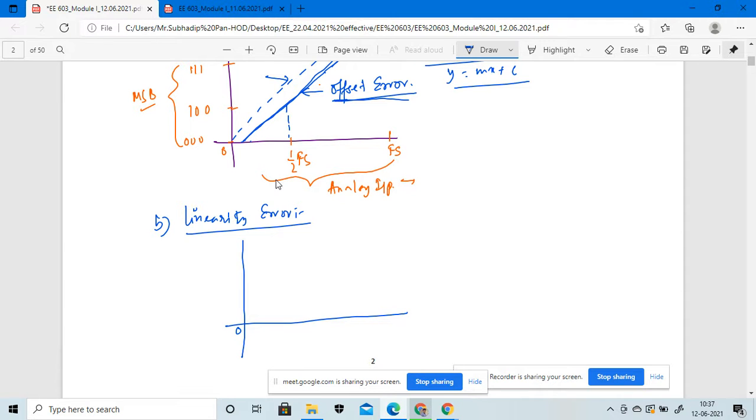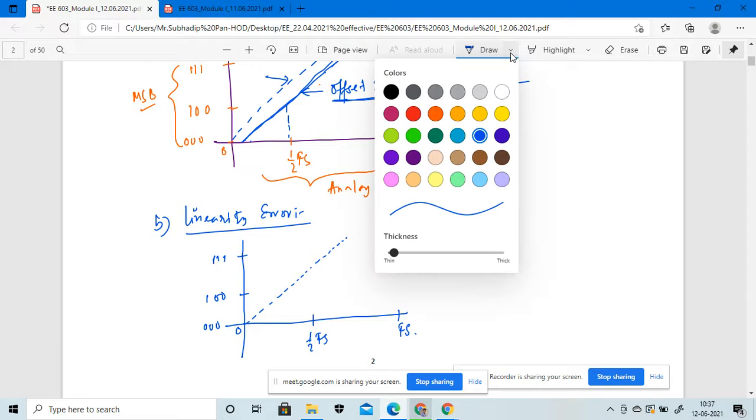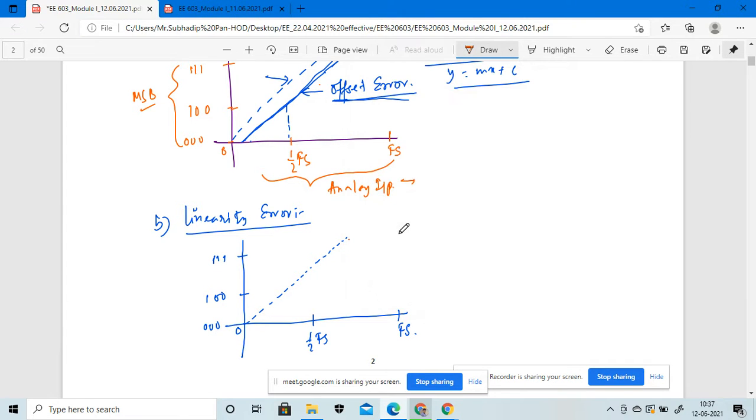Suppose this is 0. This is half of FS, the full scale range of my analog input, and the same codes 000, 100, and 111. So this should be considered as my linear equation. If the nonlinearity occurs, then we cannot get the straight line equation. That means it will not satisfy the straight line. So in that case, my linearity error characteristic curve should be like this.